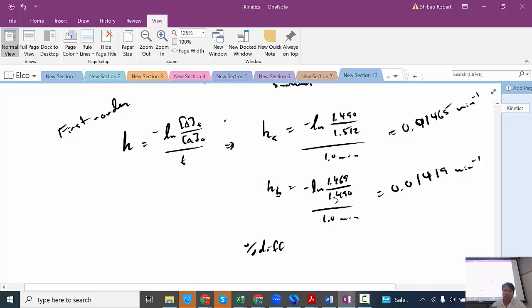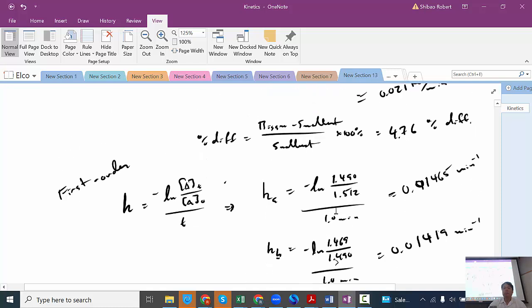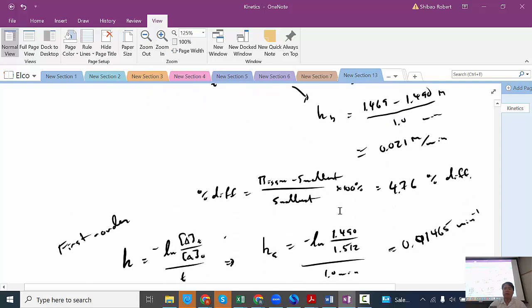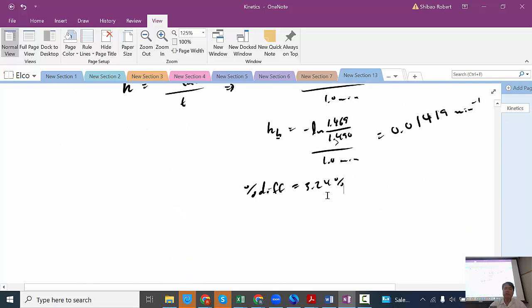That's 3.24%. So the previous one, the slope changed by about 5%. This one is changing about 3%. So this is better. This is more linear. Okay. All right. Now we're going to try second order. This is just for run 1.